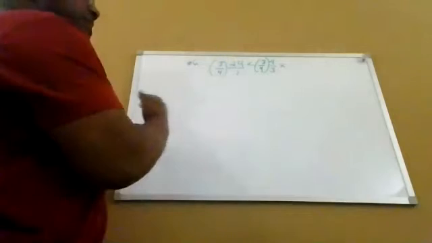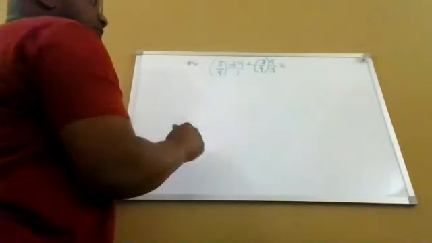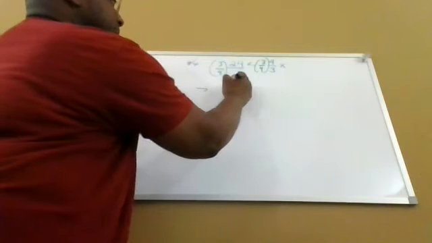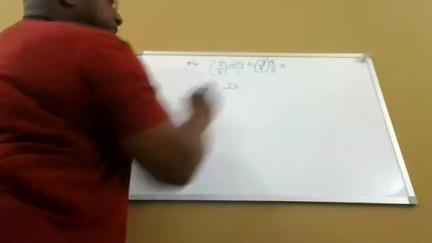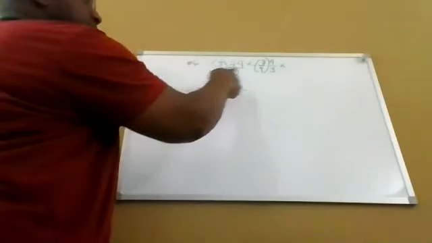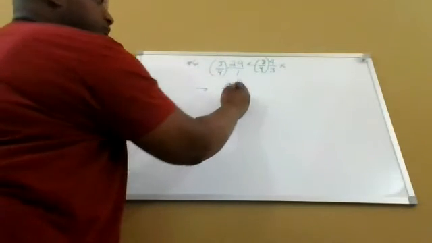So now on the left-hand side, I have 3 times 24, which is 72. For my numerator, for my denominator, 4 times 1 equals 4.